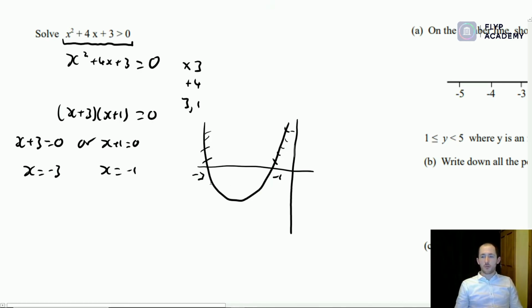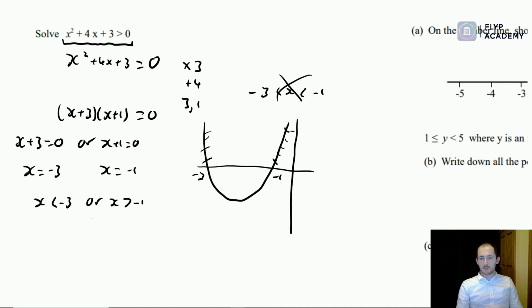You need to draw this because some students would just write it between the values, but that's not correct here. Because look, it's not between these values because we're looking for greater than 0. It's above the x-axis. It's actually x is less than minus 3 or x is greater than minus 1.